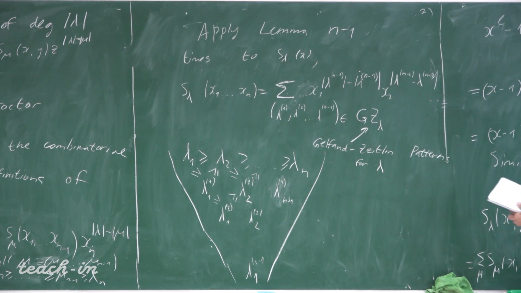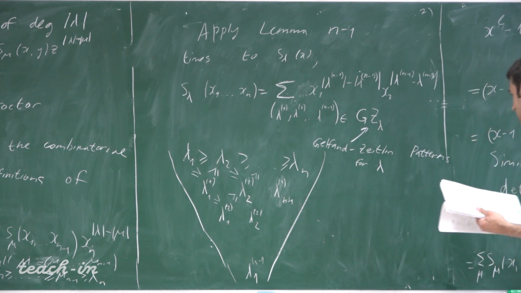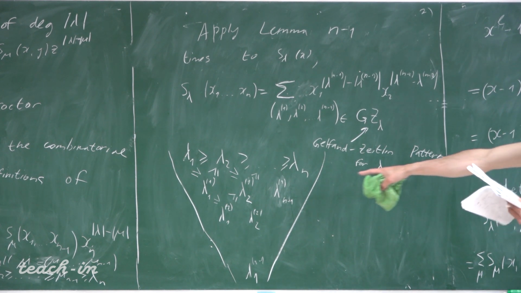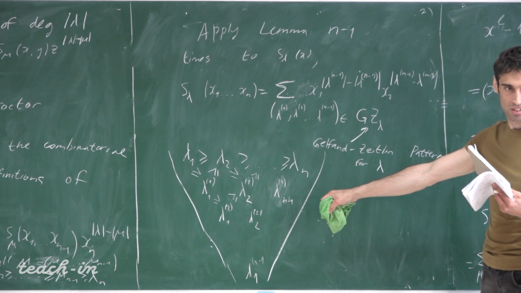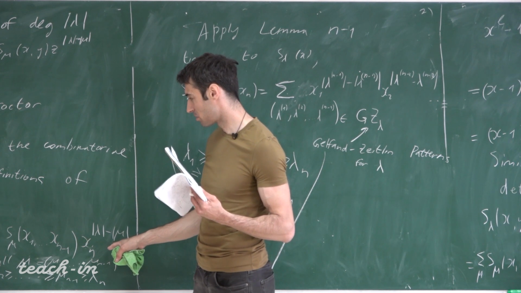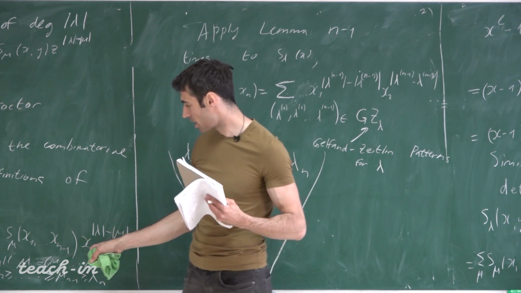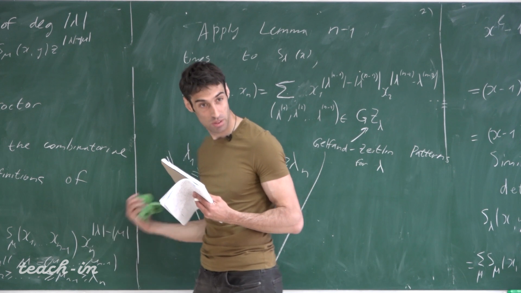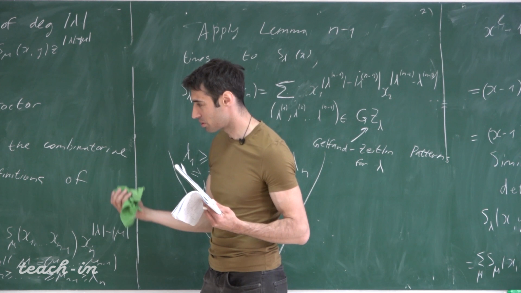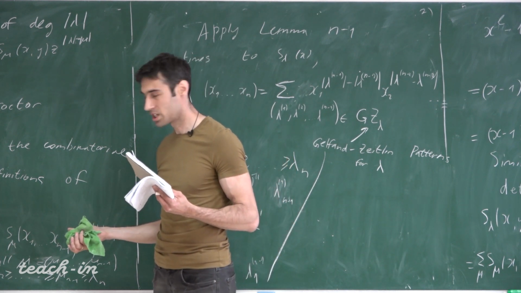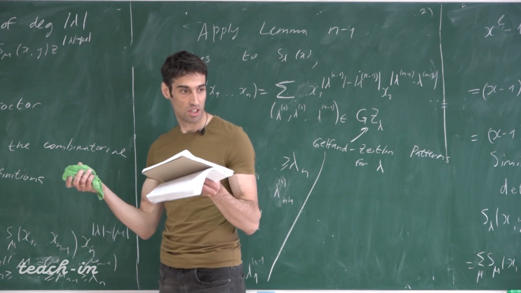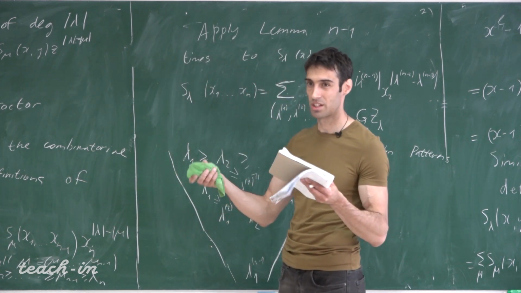In particular, maybe let me talk about this. All this has representation theoretical meaning. For example, if you put xn equals 1, as we did in the proof, this will give you what's called branching rules, how the representation V lambda of GLn decomposes into representations of GLn minus 1.